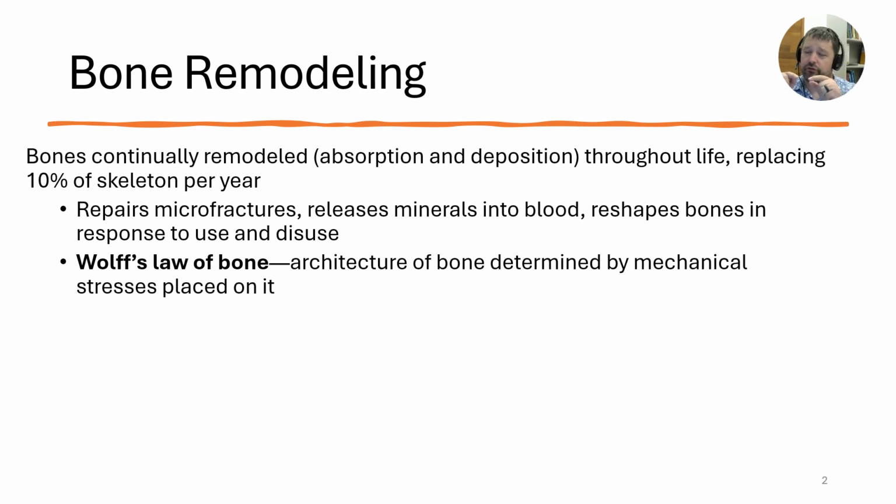Those little teeny fractures around those osteons, or through those osteons, through the concentric lamellae of the osteon. And by reabsorbing, destroying some bone, and then replacing that bone, you fix a lot of those microfractures. And so that's really important.